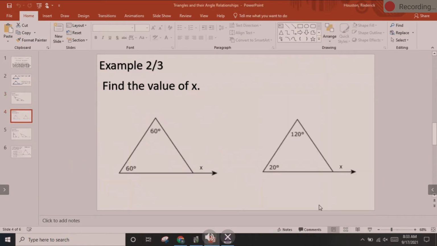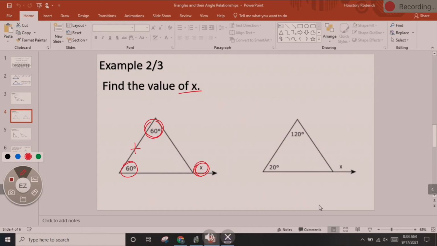Another example. Okay? It says find the value of X. So once again, we're finding the value of X. To do so, we can use these two angles over here and add them together.